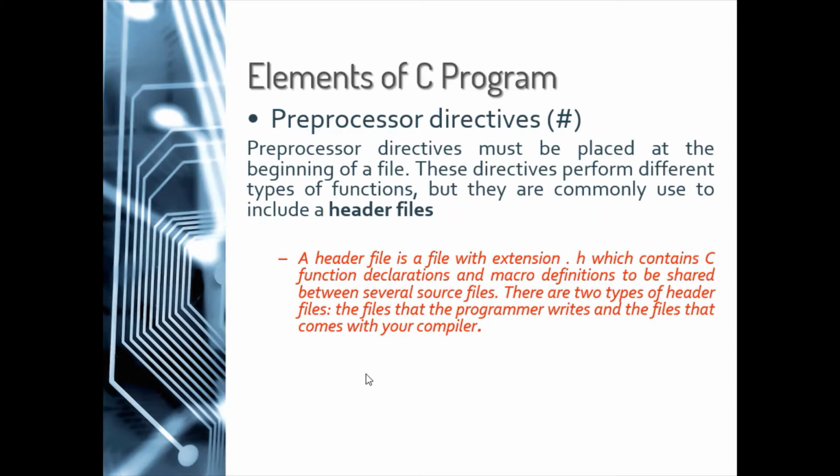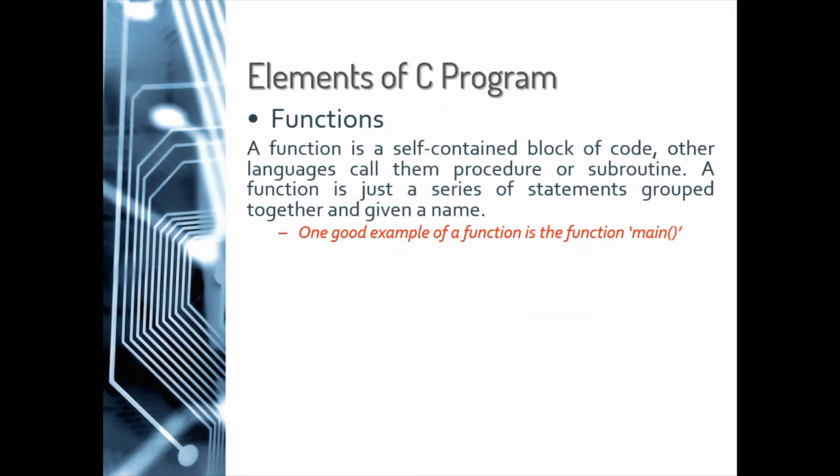Next part of the elements of a C program is the functions. The most popular function we use is main. It is the function the compiler records as the first one to read when you run your code. But you can also create your own function. A function is a self-contained block of code.